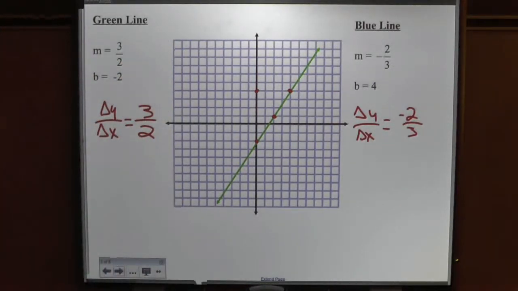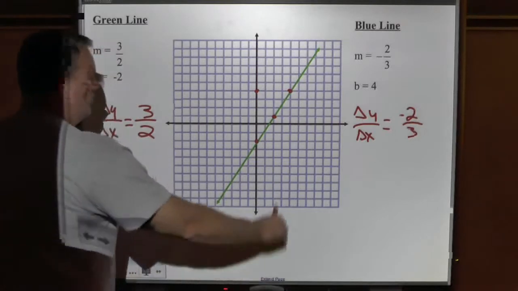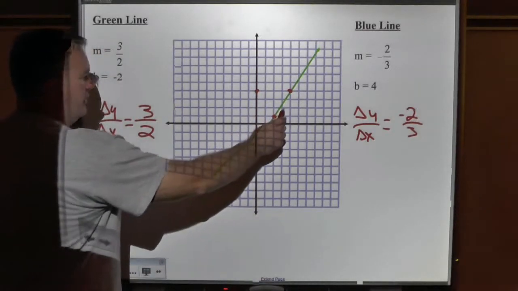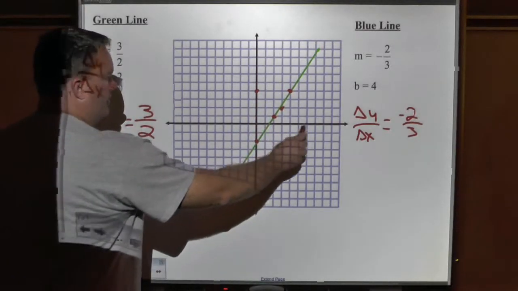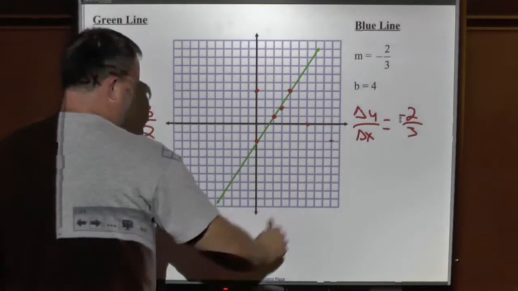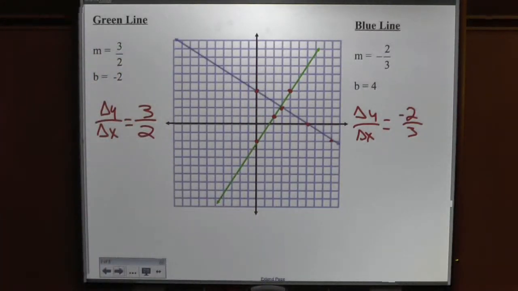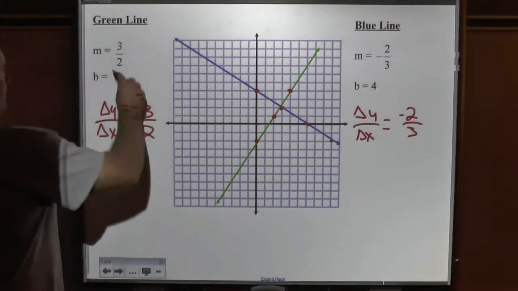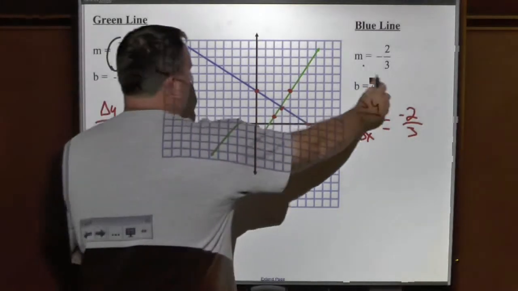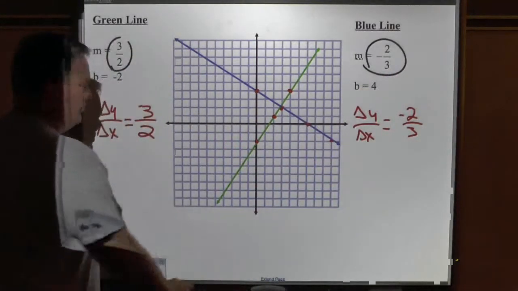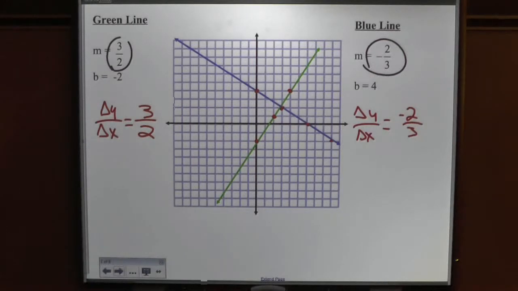So, from our y-intercept (0, 4), we're going to go down 2 to the right 3. Down 2 to the right 3. So on and so forth. And as you notice, there's your line. Again, I want you to compare and think about those slopes and what these lines look like.